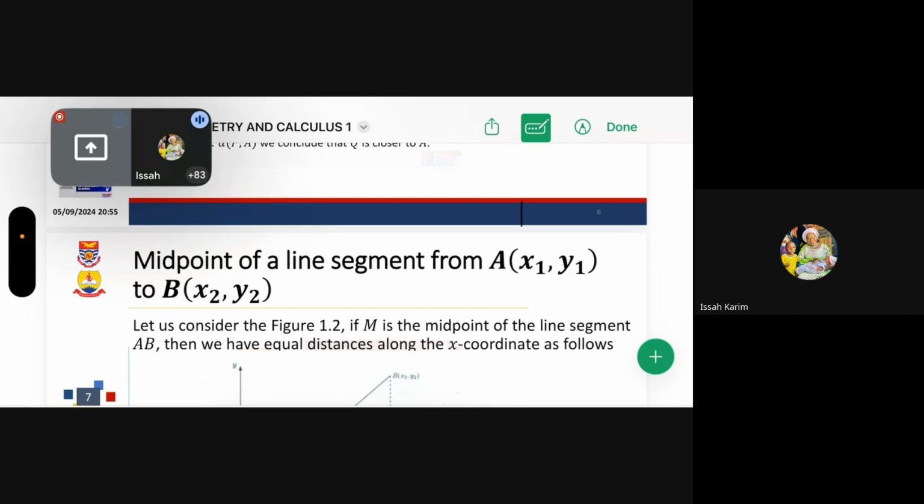Then in the course, it is root of x2 minus x1 squared plus y2 minus y1 squared, substituting the values. Then I am allowed, as you said, to use any of the points that I prefer.